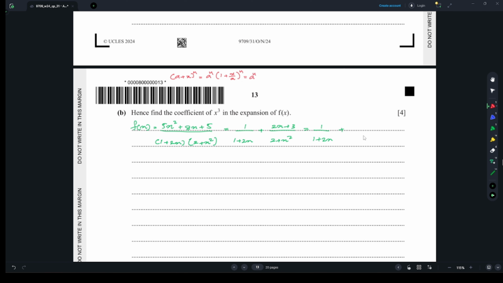Okay, now for this one I can write the expansion. So a to the power n, then we start with 1, then n times x over a, plus n times n minus 1 over factorial 2 times x over a squared, plus the next term, it's easy, n times n minus 1 times n minus 2.